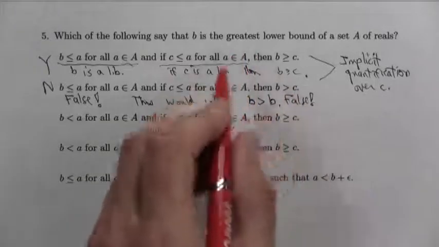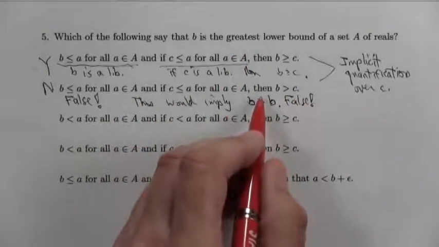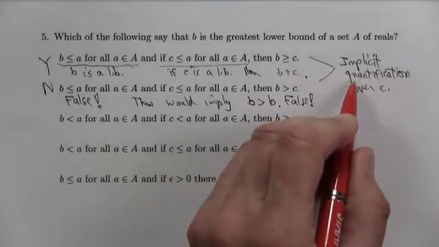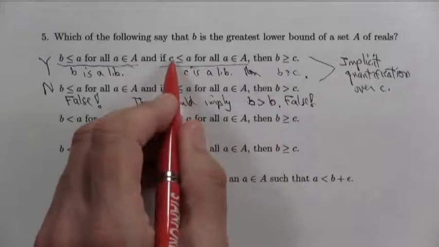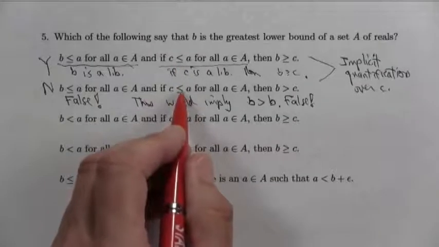So not only does this not capture that it's the greatest lower bound, it actually is just plain false. Okay? There's implicit quantification going on over here. And here, implicit universal quantification is exactly what you need to capture the greatest lower bound. In this case, it makes something that's false.